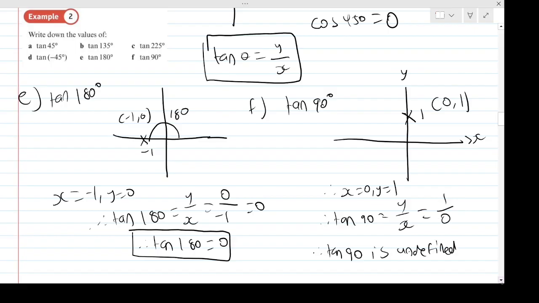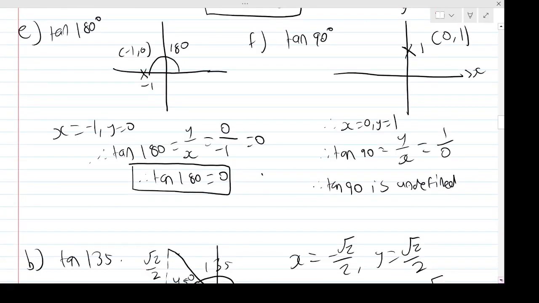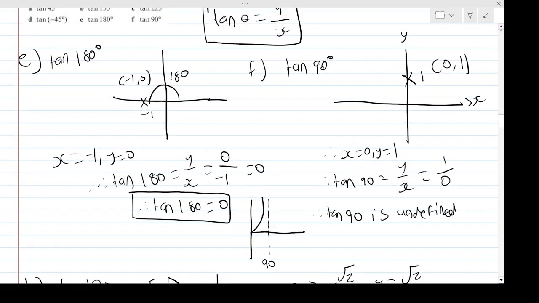So therefore it's an undefined angle, which makes sense because if I draw a very tiny tan graph, we have an asymptote at 90. We have an asymptote because the graph doesn't exist at 90. And we can see why now, because we'll be dividing by 0.